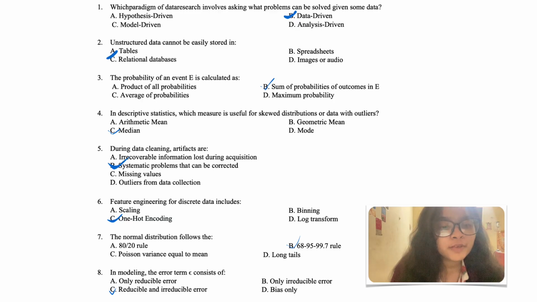The probability of an event E is calculated as the sum of probabilities of outcomes in E. In descriptive statistics, which measure is useful for skewed distribution or data with outliers? If we have data that has outliers, for the measure of centrality we cannot rely on mean or geometric mean, as they are prone to the presence of outliers. It manipulates the value of the mean and gives us a wrong idea.